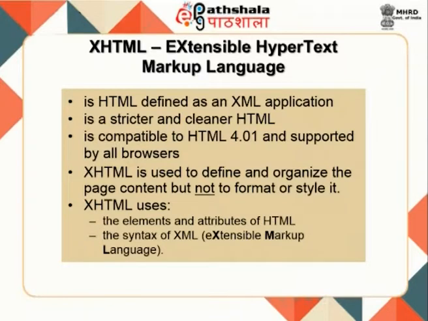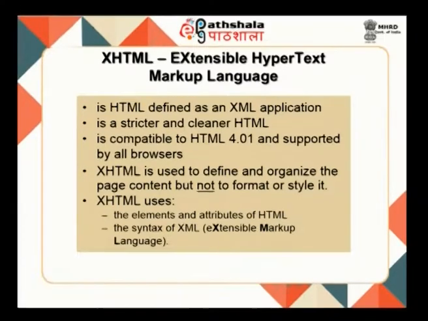So, XHTML uses the elements and attributes supported in HTML, and it also includes the rules or the syntax of XML. XML, we know, is also a markup language called the extensible markup language, but we will see in detail about XML once we know what is actually XHTML.